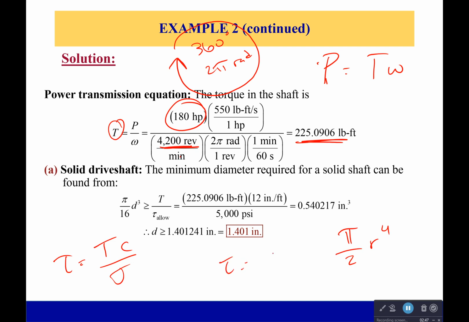So shear stress is going to be equal to the torque over pi over 2 radius to the 3rd. And if I'm very careful, I can solve for the radius. Or in this case, I want to solve for the diameter, so they use the diameter equation instead. That's all coming from our elastic torsion formula.